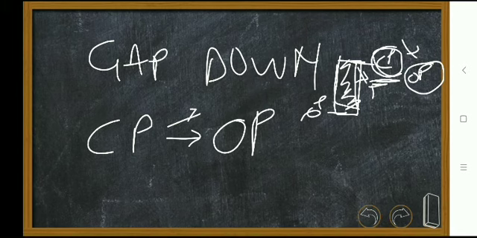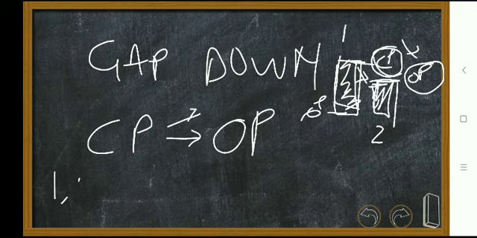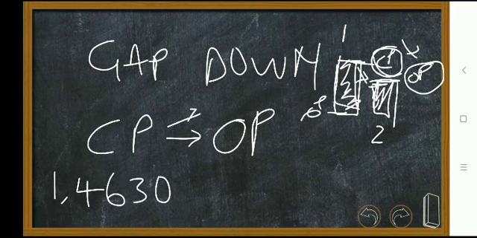Let me just draw these two candles. Let's name them 1 and 2. Let's say the closing price for candle number 1 was 1.4630.